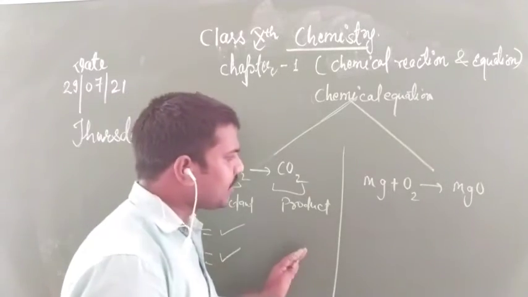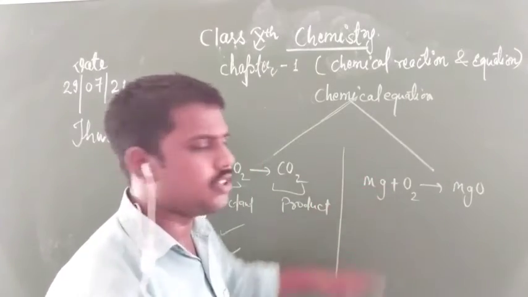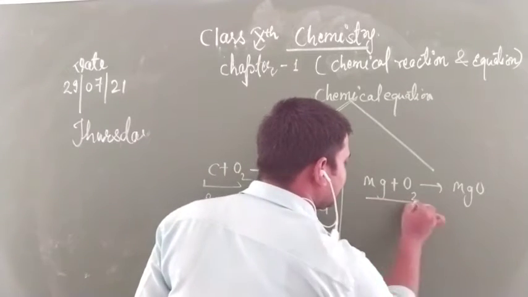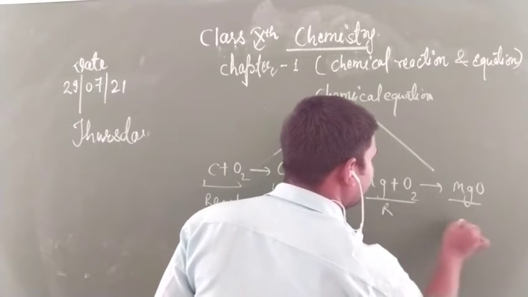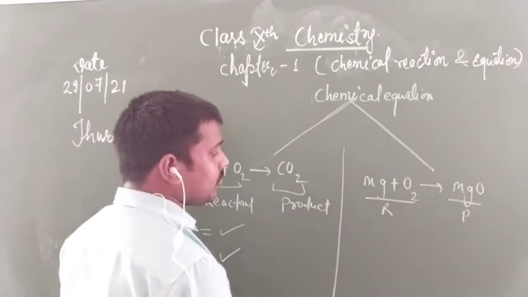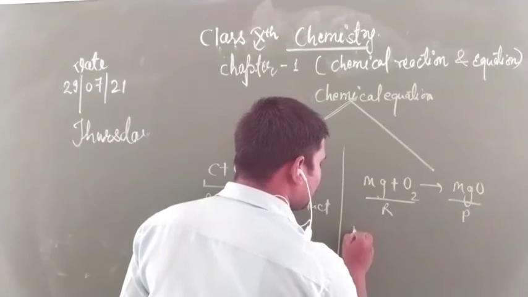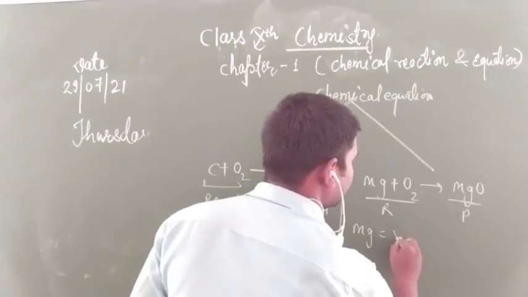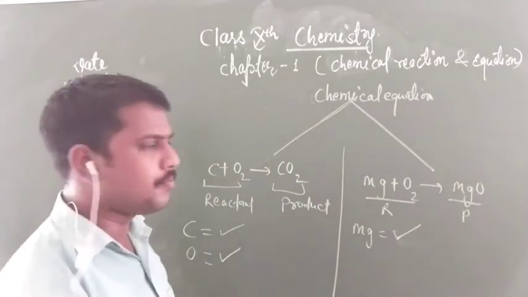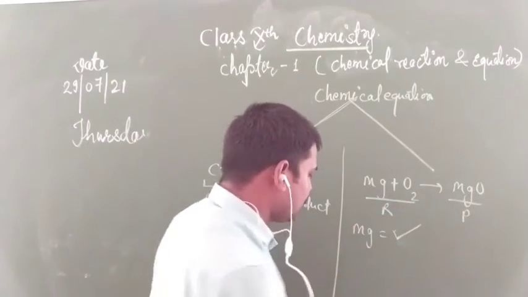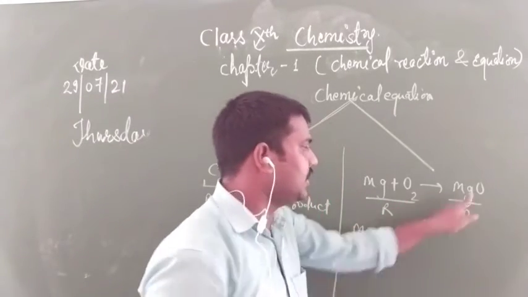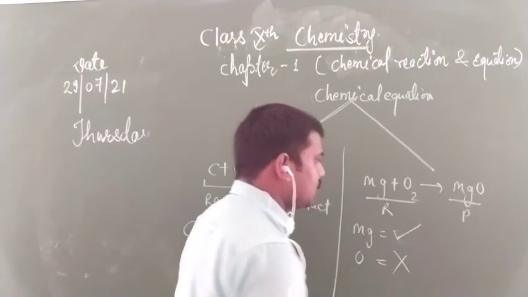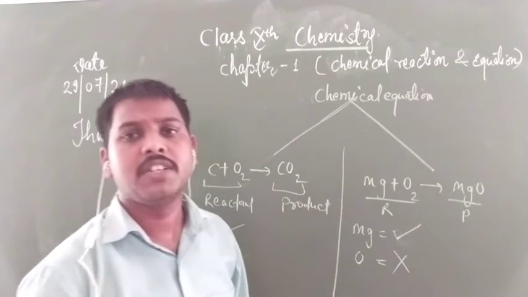But in the other chemical equation, reactant and product: magnesium 1 and 1, 2, two magnesium, they are equal. But there are 2 oxygen on one side and 1 oxygen on the other, which means oxygen is not equal on both sides.